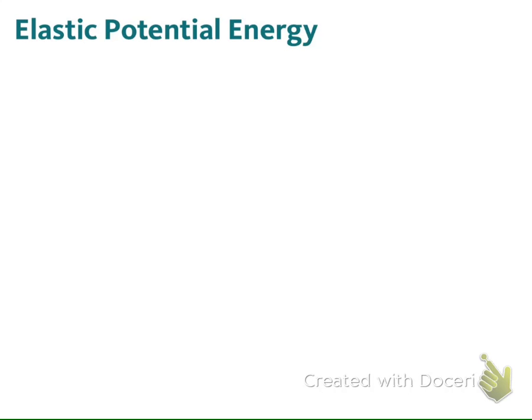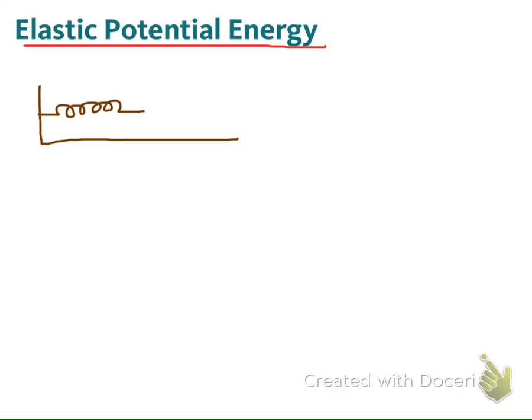We can also define the potential energy of the elastic spring. We call it the elastic potential energy. For example, if we have an ideal spring that follows Hooke's law attached to an object, first we have to define the system.